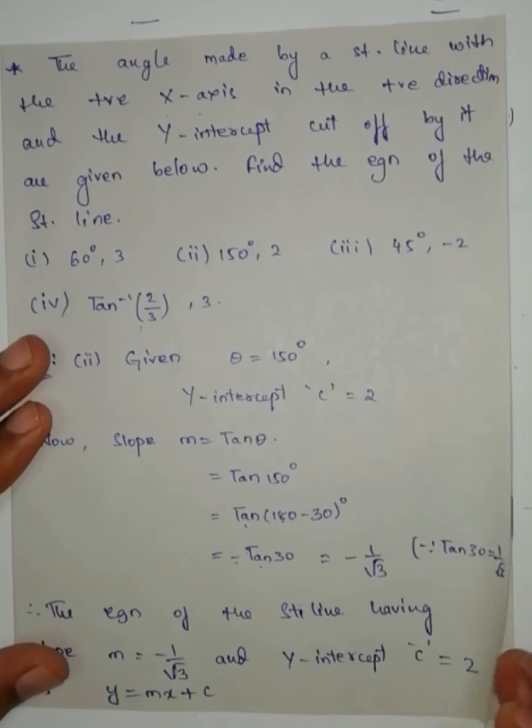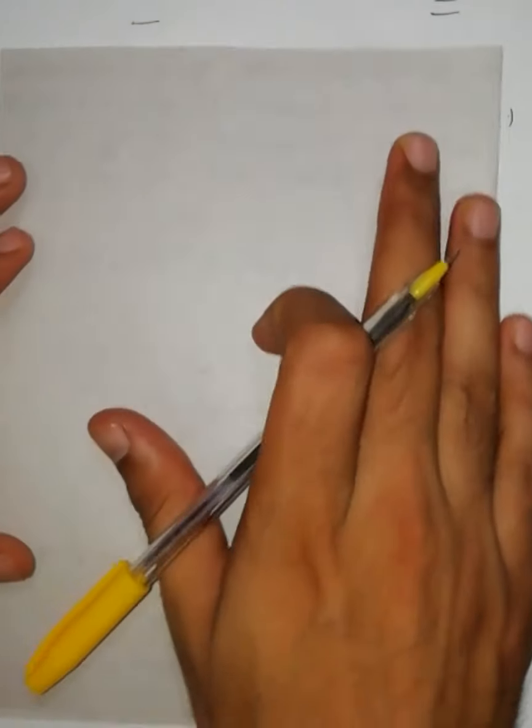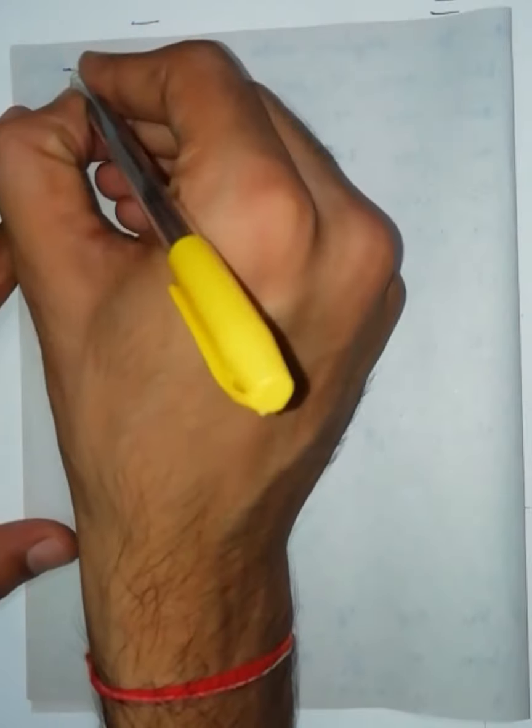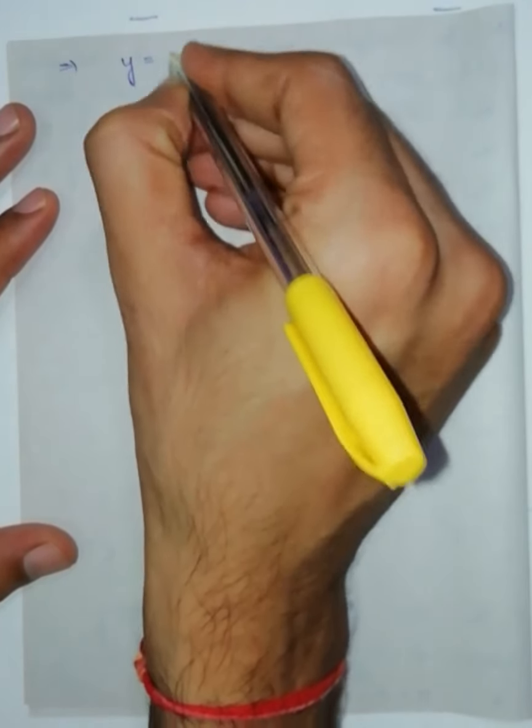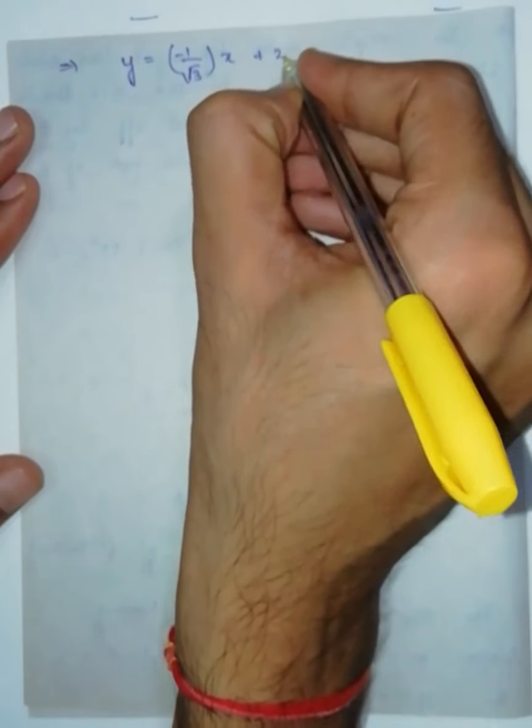Now substitute here. What will you get? This implies y equals minus 1 by root 3 into x plus 2.